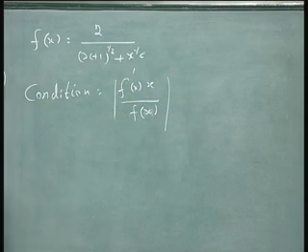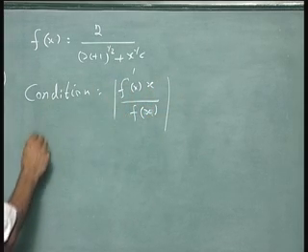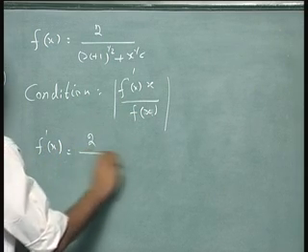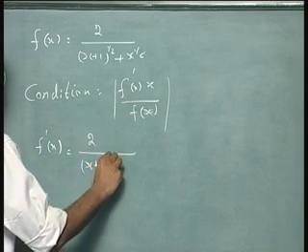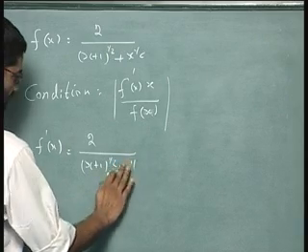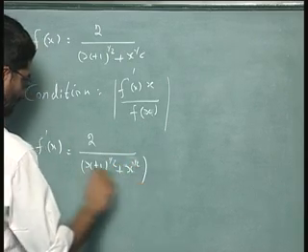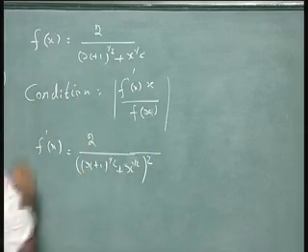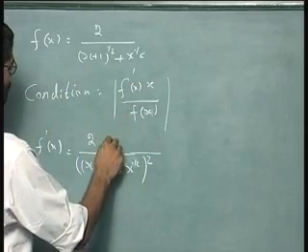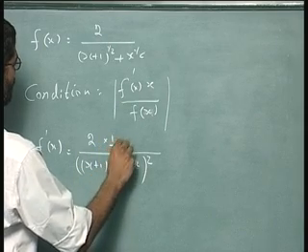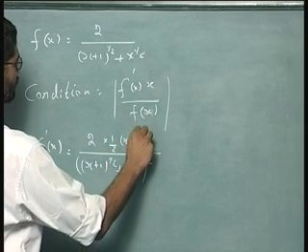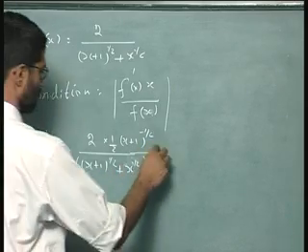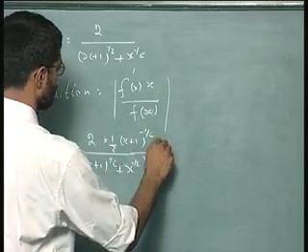So f prime of x we can compute here. f prime of x here is 2 divided by x to the power half squared, and then we take the derivative of that function, and then you would get it as, we are not interested in the signs, we are only interested in the total value of the function.